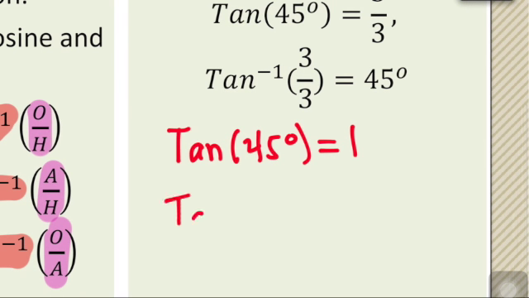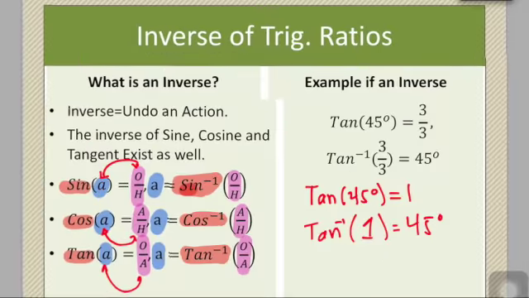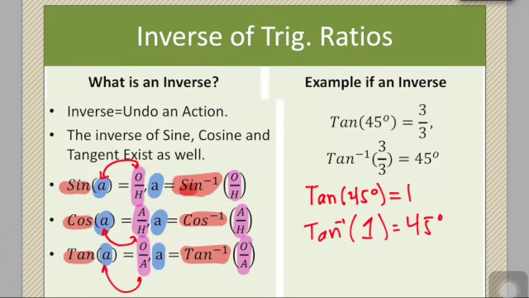Take the tangent inverse and now switch the values. Take the 1 and put it inside of the parentheses and see what answer you get. So I just calculated it, tangent inverse of 1, and I got 45. So that's an example of the tangent inverse. And let's use it on the next slide to solve a problem.